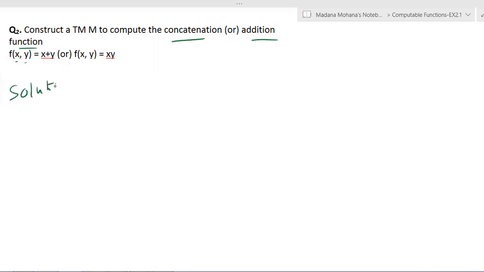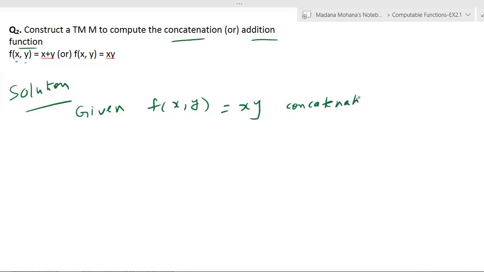Don't confuse. Solution. Given function f of x comma y equal to xy, which is concatenation, then our addition is denoted by f of x comma y equal to x plus y. This is addition.